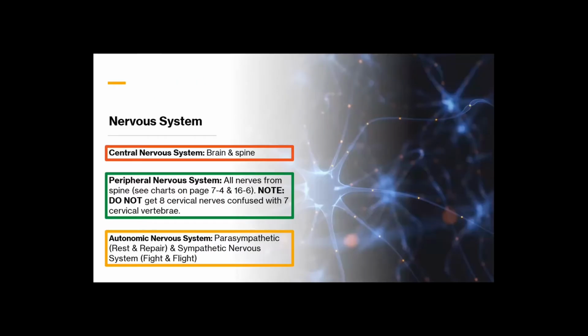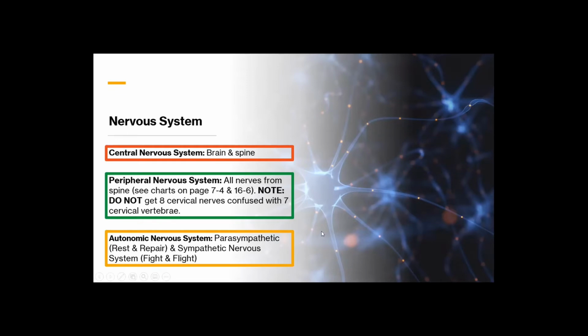So when we break down the nervous system a little bit further, our central nervous system is composed of the brain and the spine. We have a peripheral nervous system, and those are all the nerves from the spine. So if you look on page 7.3, figure 7.2, you can see the nerves coming out from the spine. And if you turn to page 16.6 in your manual, you again will see how all the nerves come out of the spine, okay?